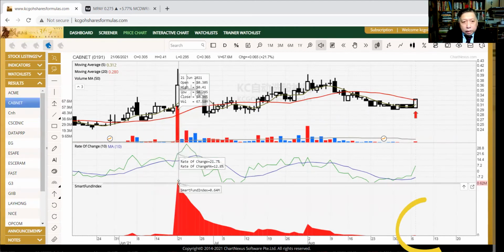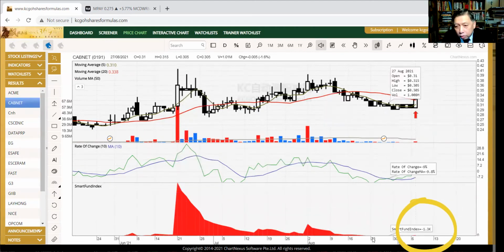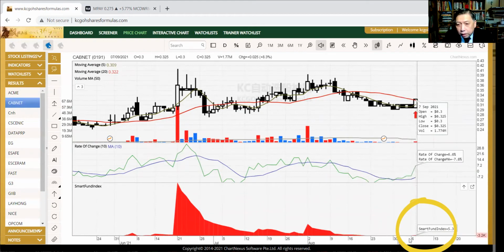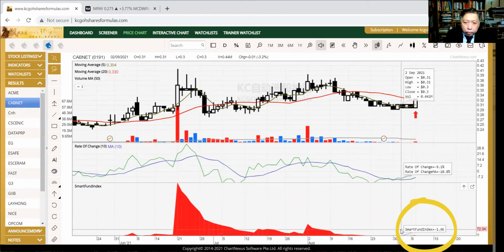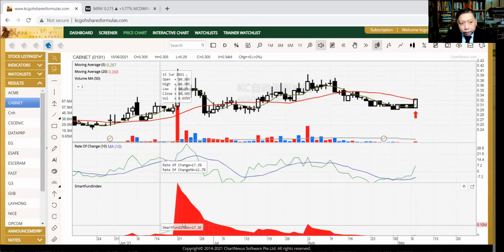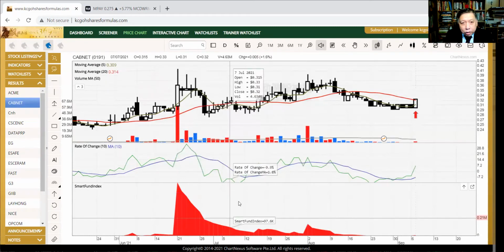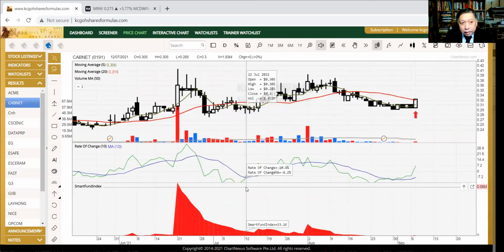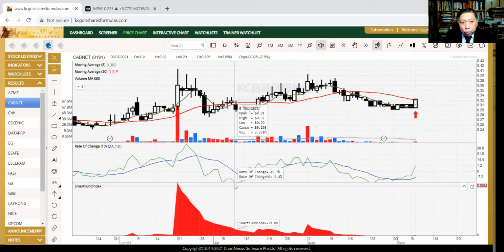That's the time you can sell. And now you can also see the smart fund emerging. From the past pattern, you can see how the fund will go.